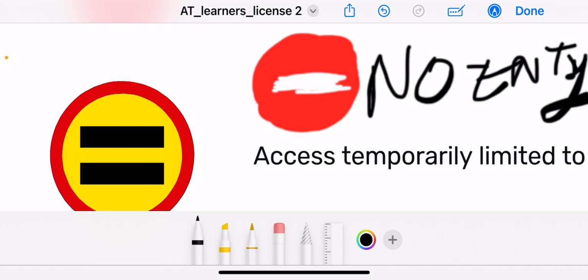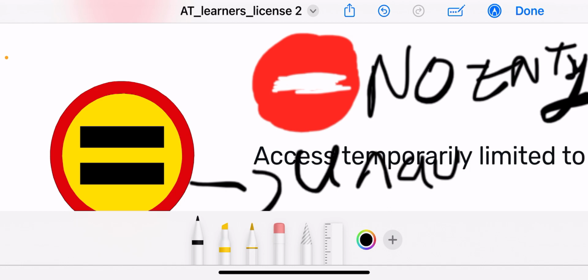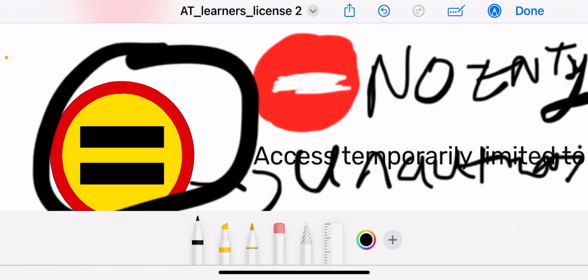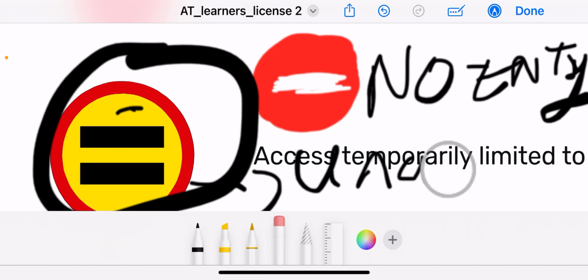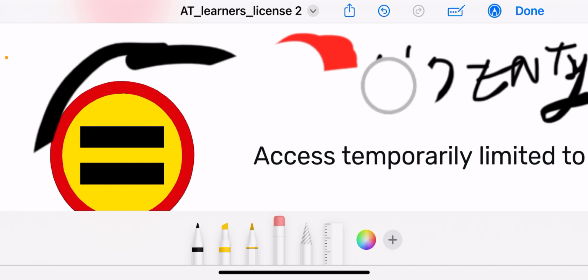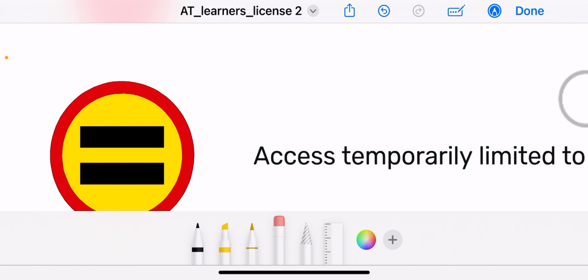And then this one, unauthorized vehicles, prohibited. But the yellow background means temporal. Remember, yellow boards are temporal. Okay, then moving on.